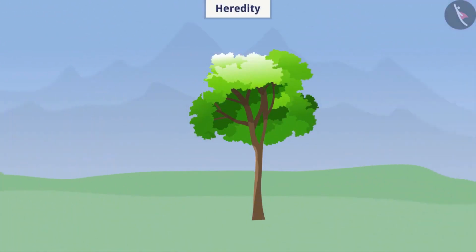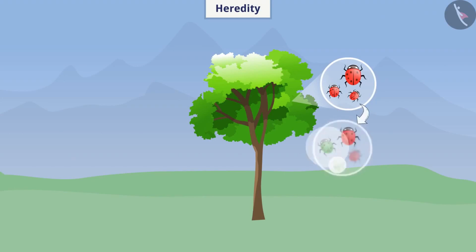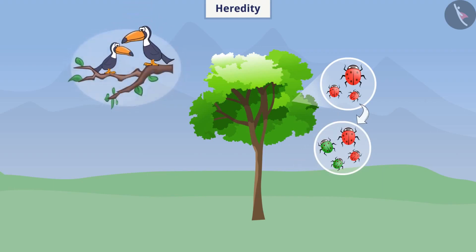Suppose there is a species of red insect on a tree. Due to accumulation of variations over generations, there is a rise of a new variety of green insects. Suppose a bird comes to live on that tree, it can easily find and eat red insects.